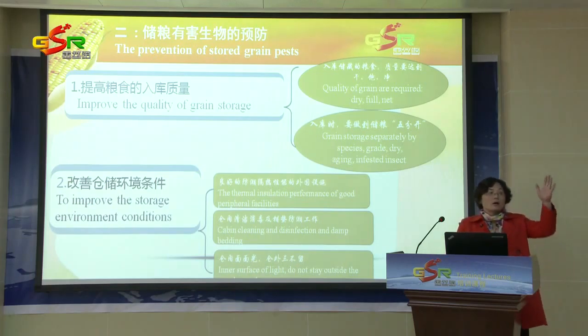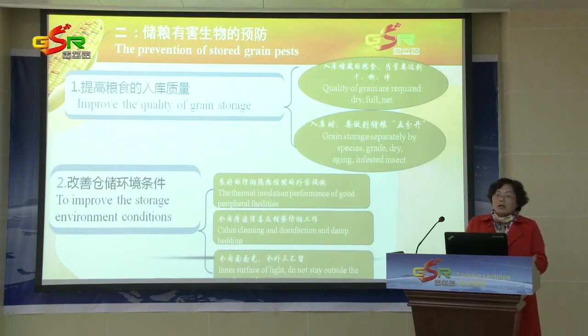This means the outside, the surroundings, and the walls are all clean. The third is to insert the service to light. Do not stay outside. That means we must keep the storage in very good condition.